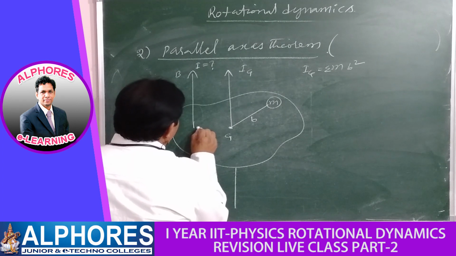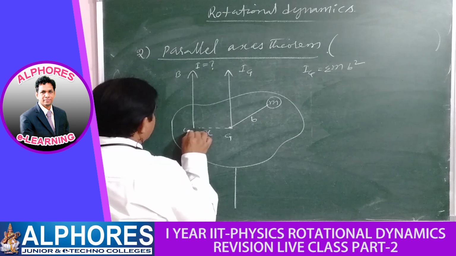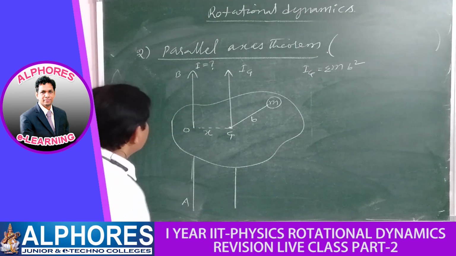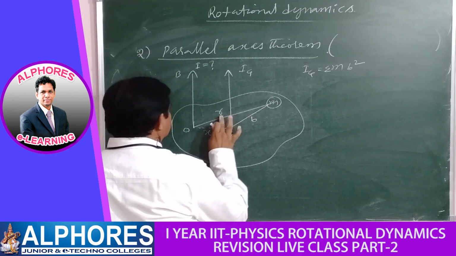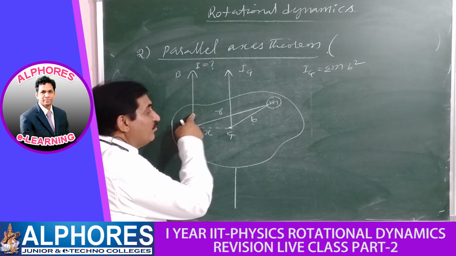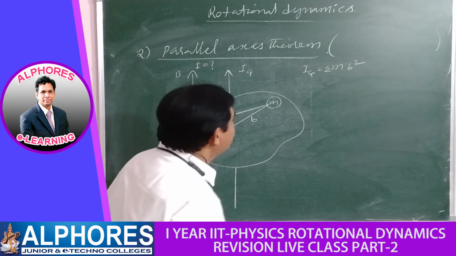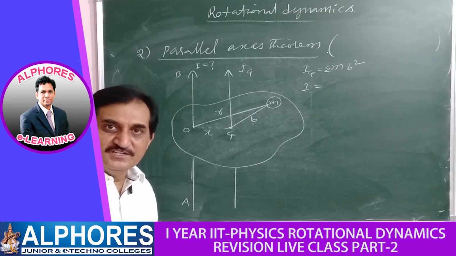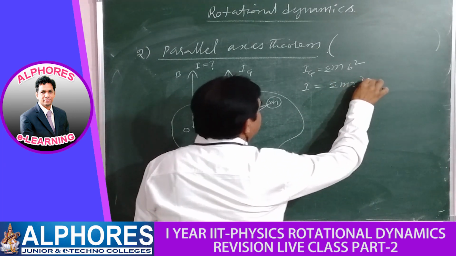Now, the distance between these two parallel axes is, say, x; this is point O, this is G. From this axis, the same particle is at a distance r. Now, about this axis, what is the moment of inertia of the whole rigid body? I is equal to summation m r square.